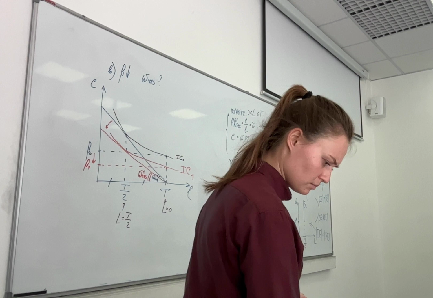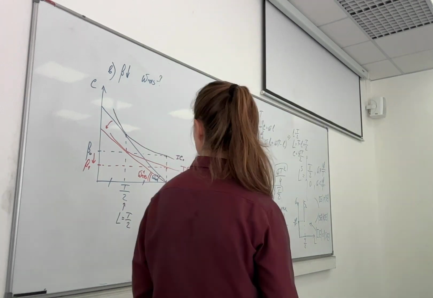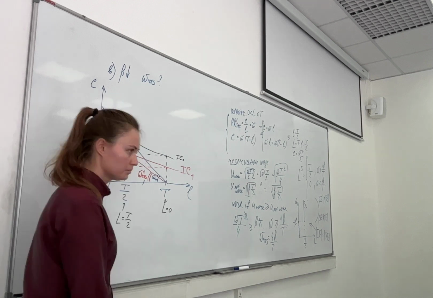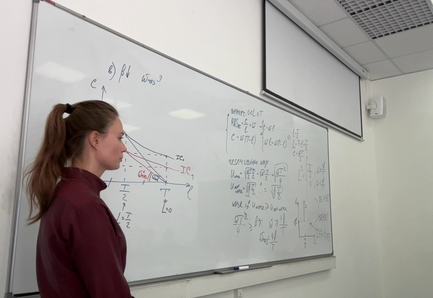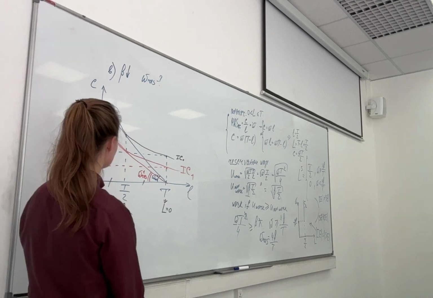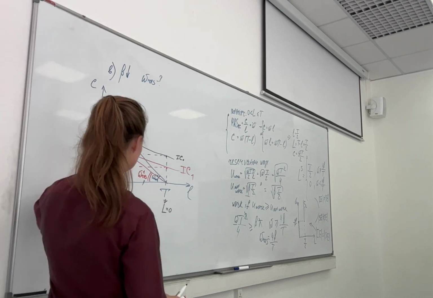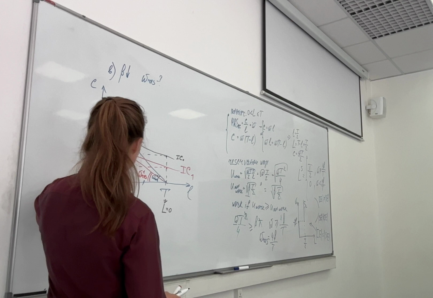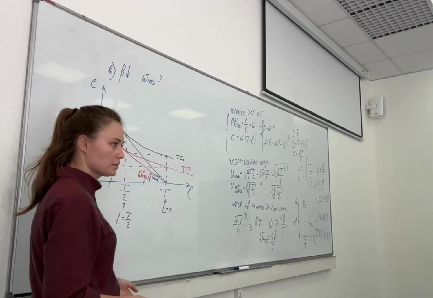So the explanation can be that because of the decrease in the unemployment benefit, people want to work more, and that's why there's a lot of supply of workers, so the wage falls. That's the intuition. But here our labor supply will stay the same.